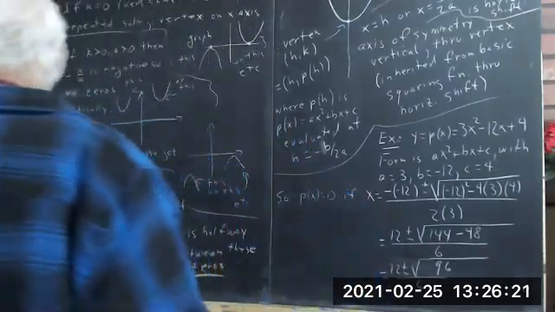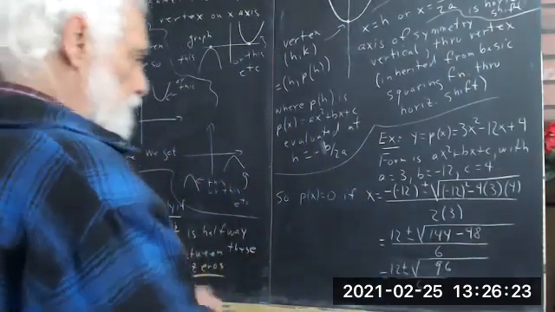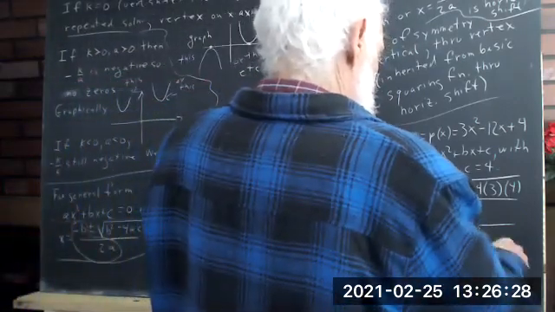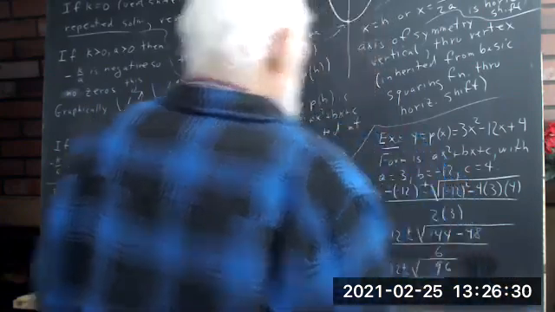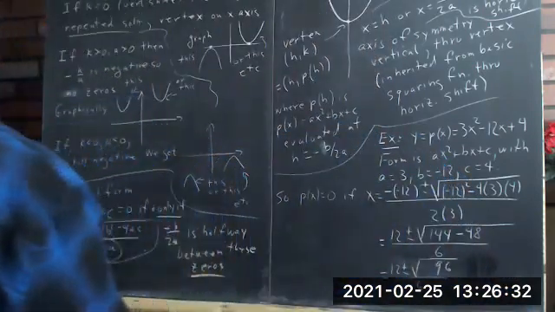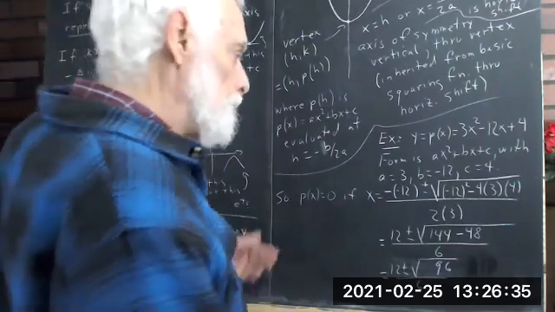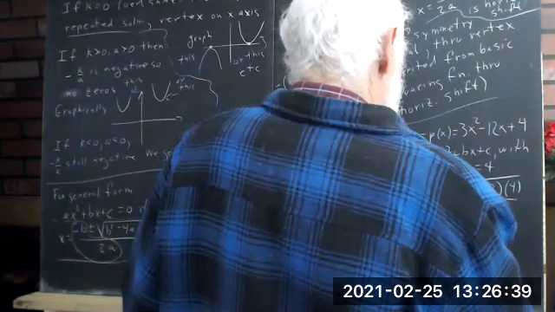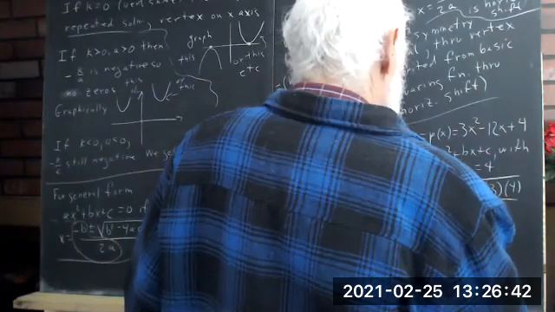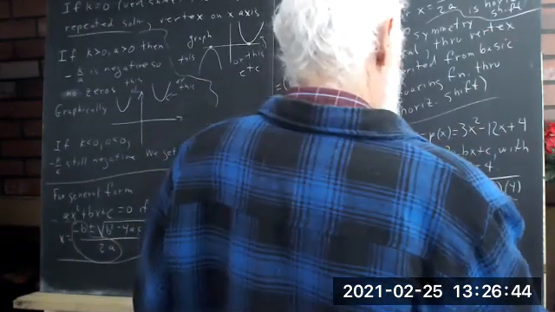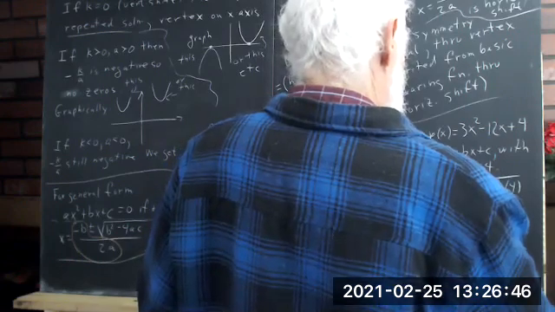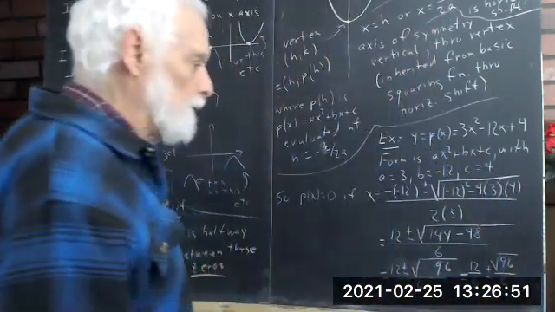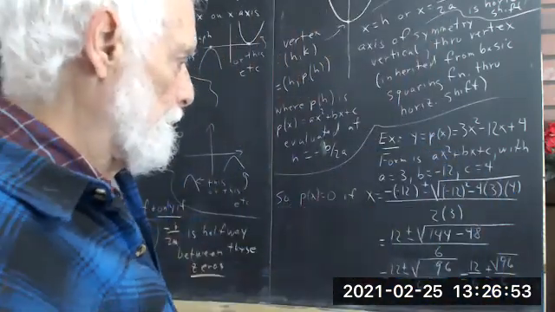And I got carried away with my square root sign there. Want a little bit more room to write the rest of this. By the distributive law, this equals 12 over 6 plus or minus the square root of 96 over 6.